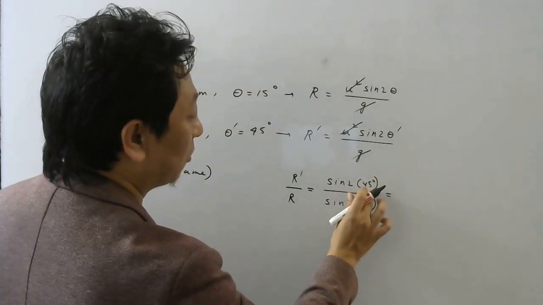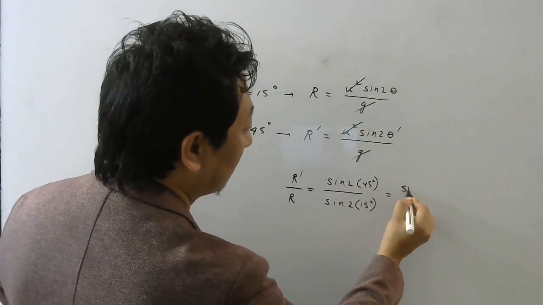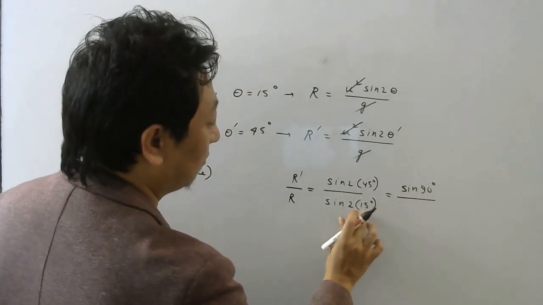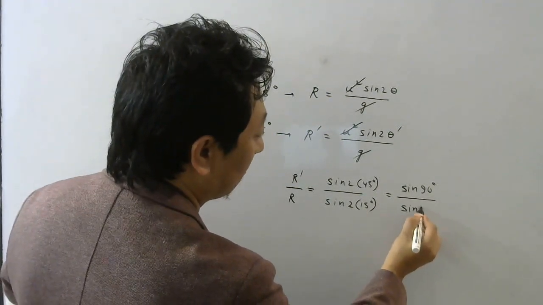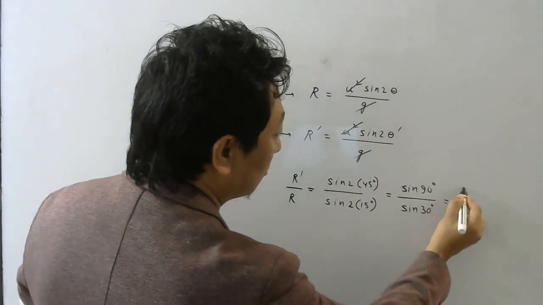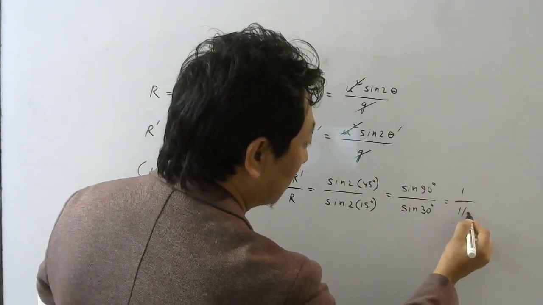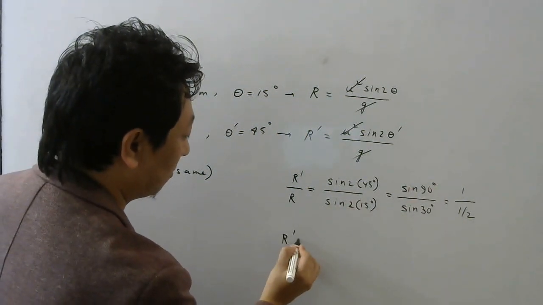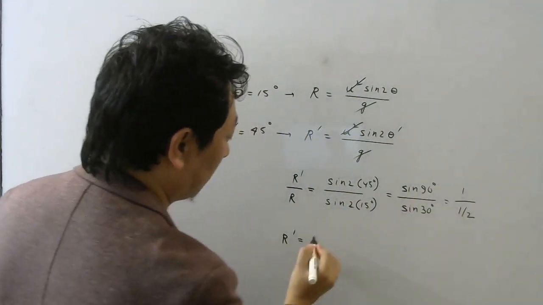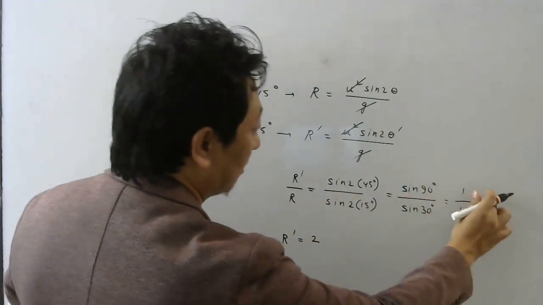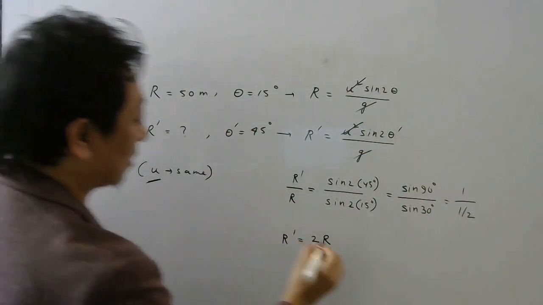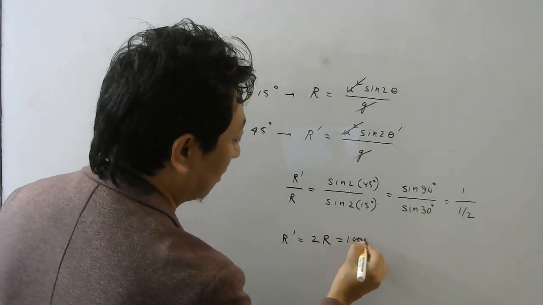So 2 into 45 will be sine 90. And 2 into 15 will be sine 30 degree. Sine 90 degree is 1, sine 30 degree is half. So if you cross multiply, r dash will be equal to, this 2 will go up and then you cross multiply. So r dash will be 2r. Initially the range was 50, so the answer is 100 meter. Right? Let's see the next question.